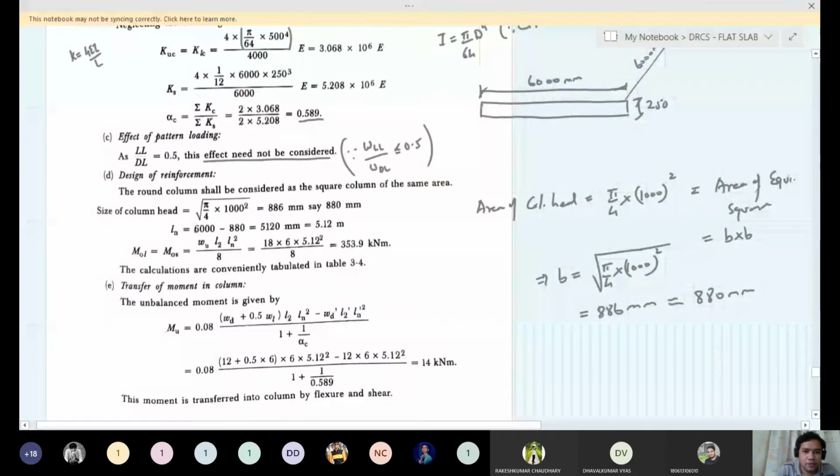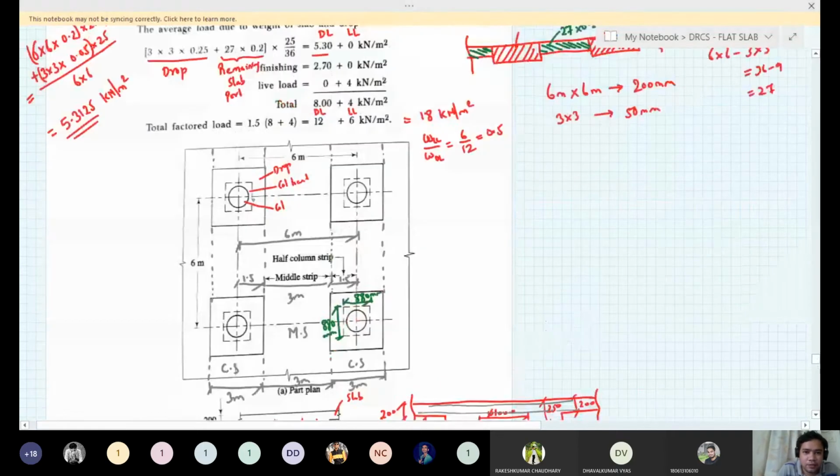So your ln is the face to face distance between either the column or the column head, or bracket, whichever obstruction is there. So here the face to face distance will be 6 meter minus half the width of the column head on both sides.